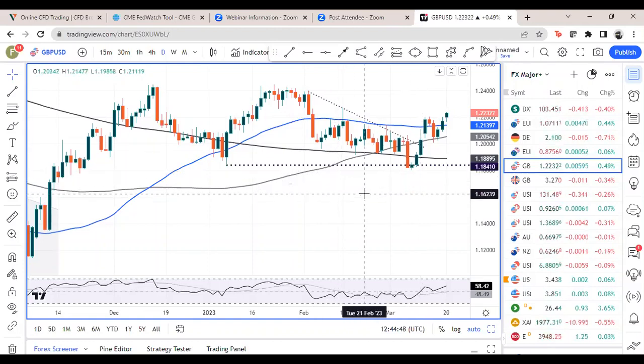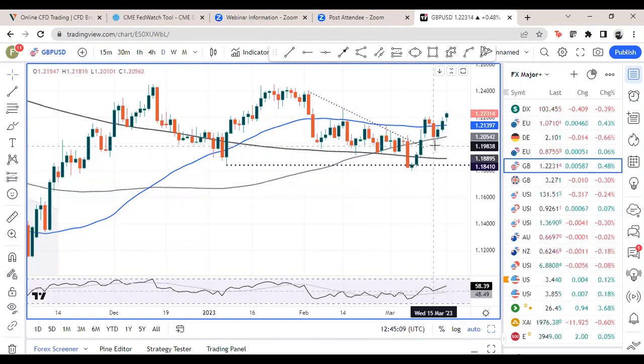For sterling, I mentioned at the top of the webinar how it's held up relatively well. The banking sector, of course, is not as vulnerable potentially as the Eurozone, and GBP is generally seen as more sensitive to risk sentiment, at least more than the Euro. So interestingly, it has been quite bullish the last couple of days.